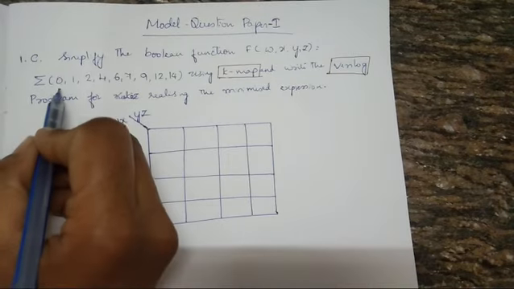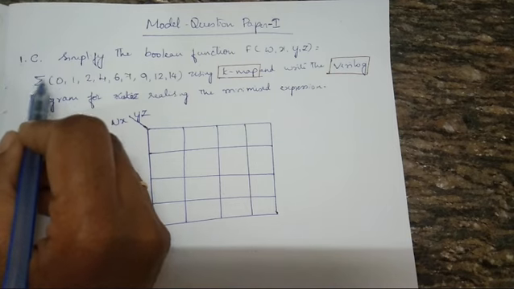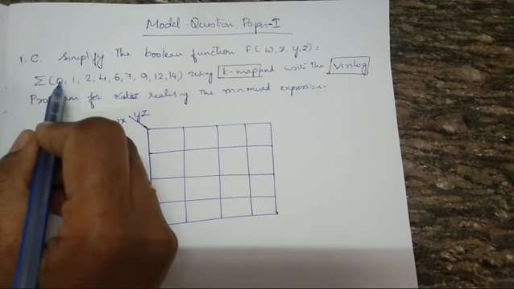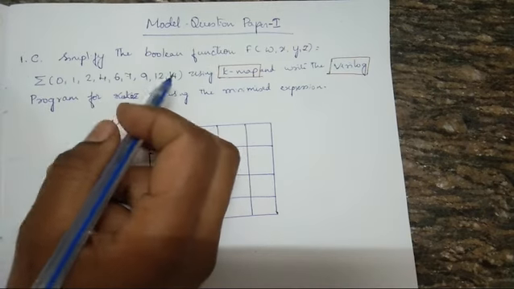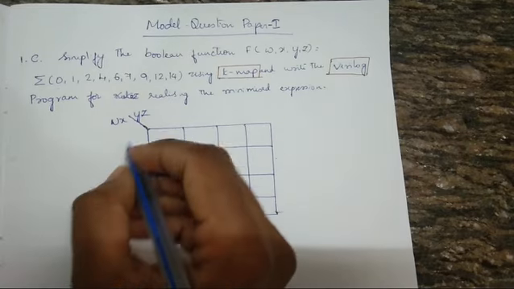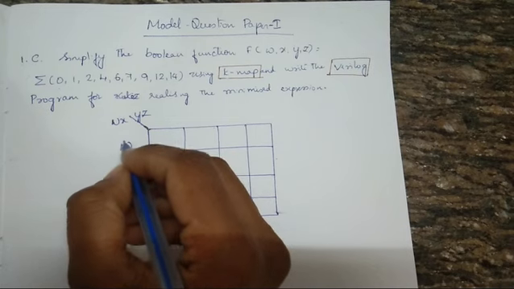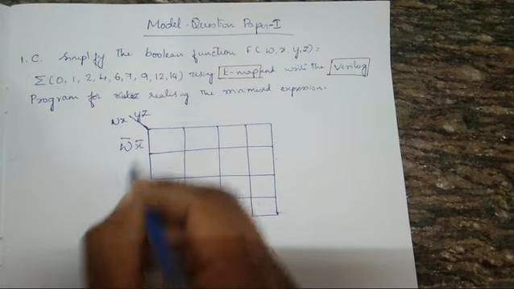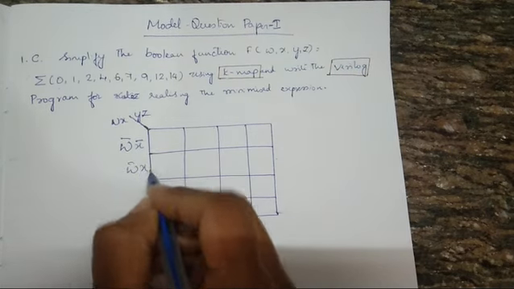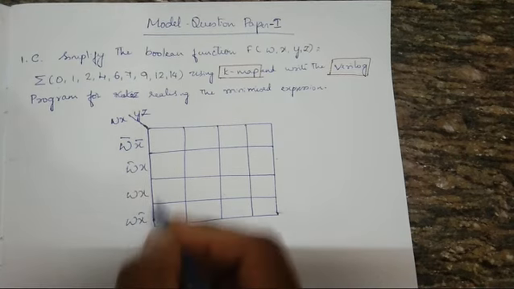Okay. Next, since it is summation, that is sum of product form, we need to write the ones in these cell numbers. To write that, first let me write the values of the terms, that is w bar x bar, then w bar x, wx, wx bar.